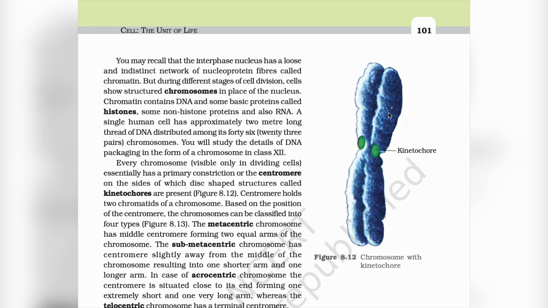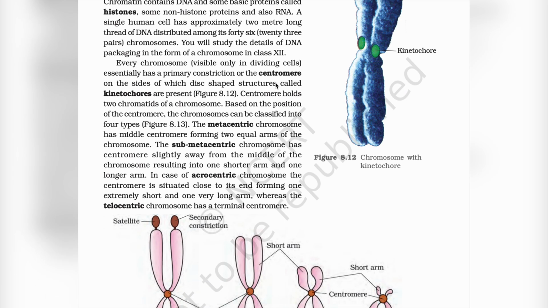Two sister chromatids are basically joined at a primary constriction called centromere, and on both sides this protein plate is present called kinetochore. This is the plate where spindle fiber will come and join. Going back, centromere holds two chromatids of a chromosome.